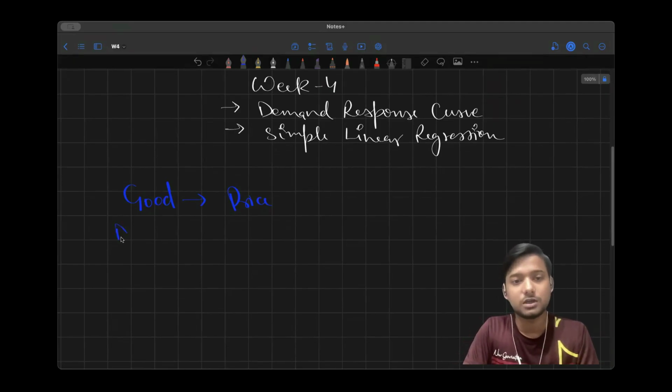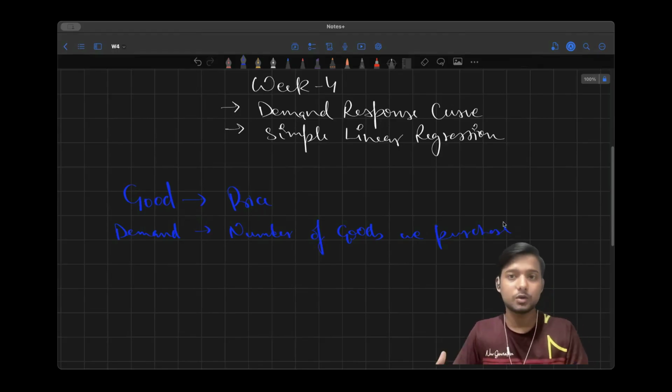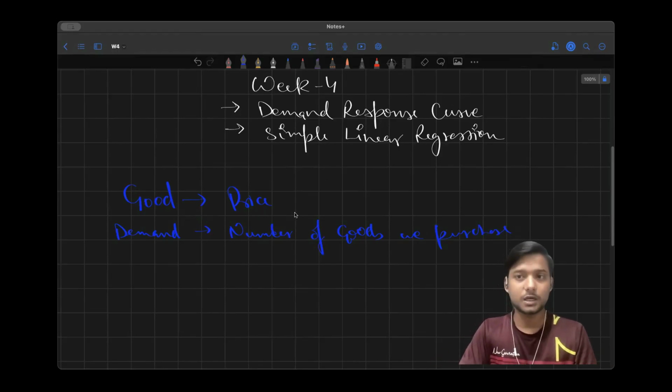So demand is nothing but the number of goods we purchase. So how many goods we are going to purchase when there is some price.